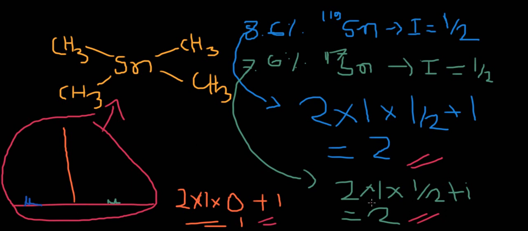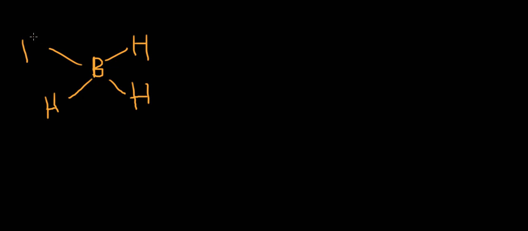So now we'll see another example. Now consider this example. Boron, and there are 4 hydrogens around it. It is actually a tetrahedral structure. For simplification, I wrote the structure like this.